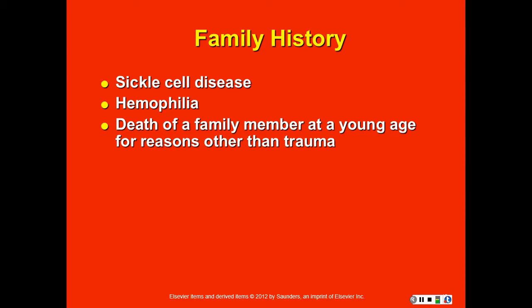And is there anybody who's had any history of heavy bruising with minimal trauma? Heavy bruising, yes. So family history is important when we're looking at some of these hematologic things, because a lot of them are genetic.